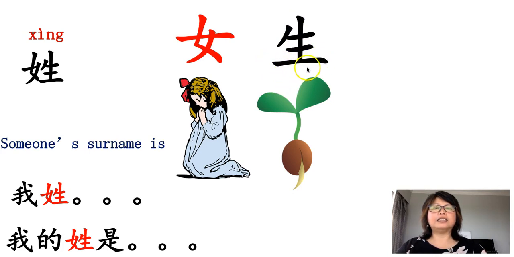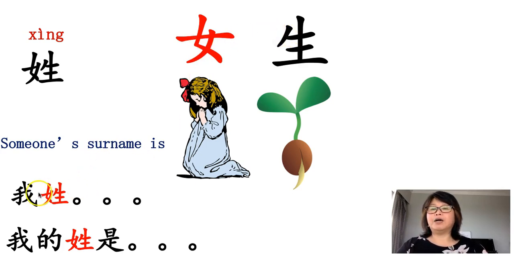Underneath is earth, so the leaves are growing. So 生 means to give birth to or something growing. That makes sense, eh? Everybody was given birth by a female.